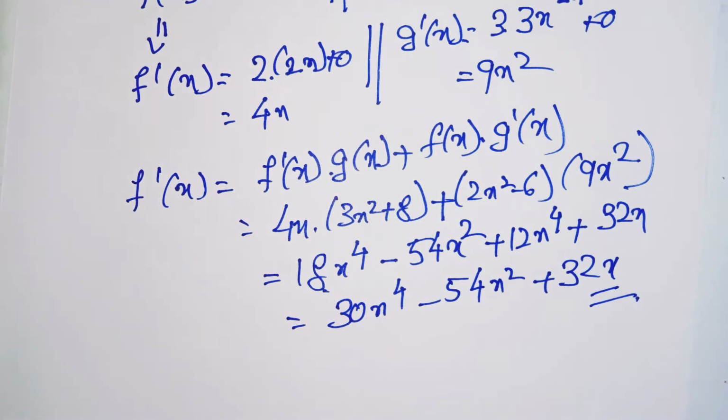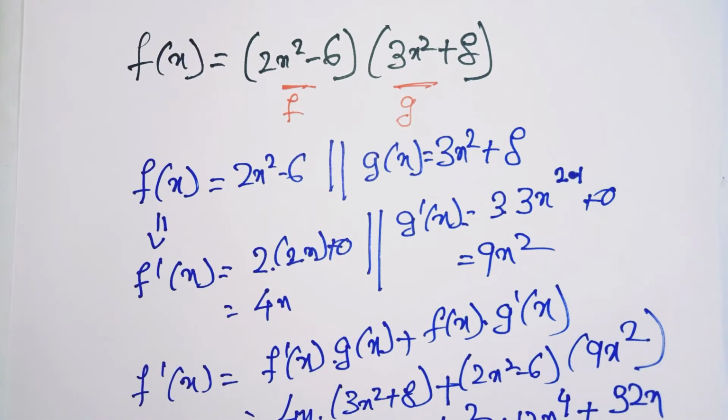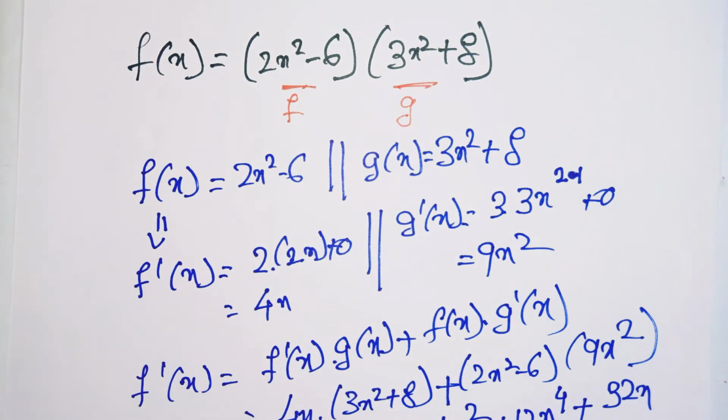So just remember that whenever you're getting a term, you can write this as f and g, find the derivatives individually, and thereby you can find out the product rule and do the differentiation. Just one quick note, which sometimes comes as a kind of confusion which I've seen in college students.